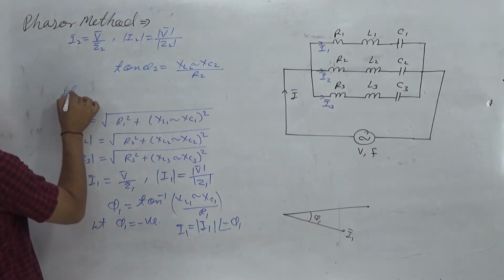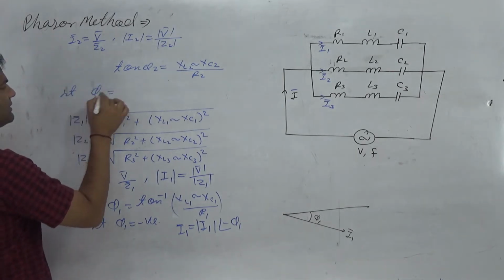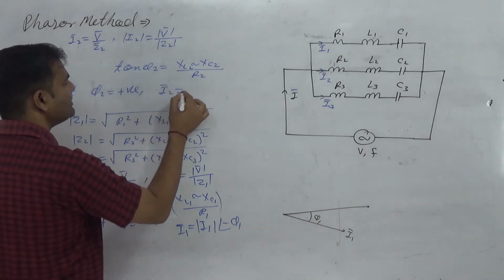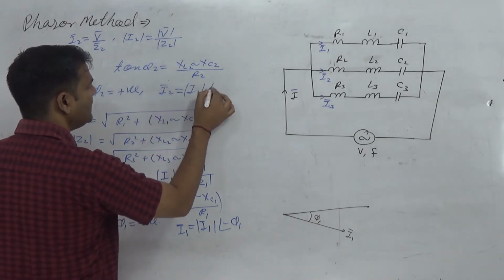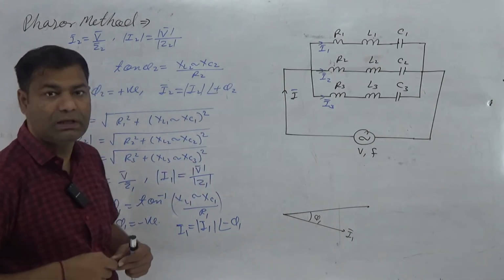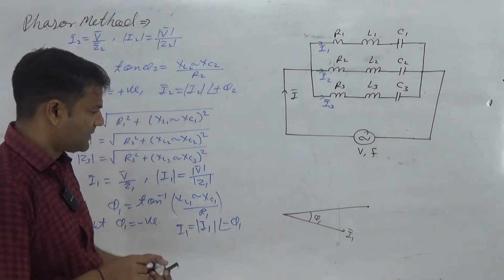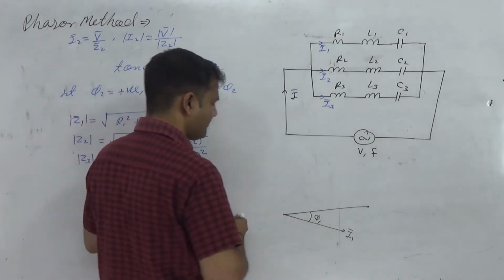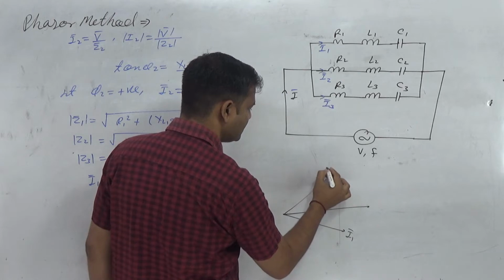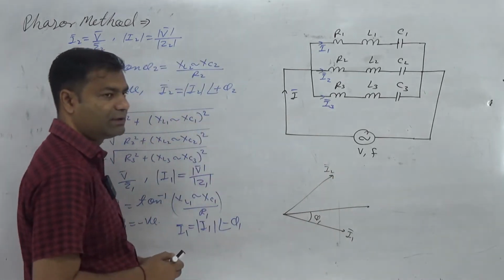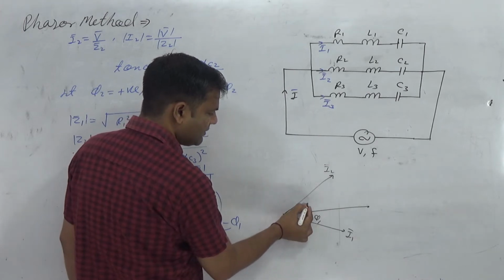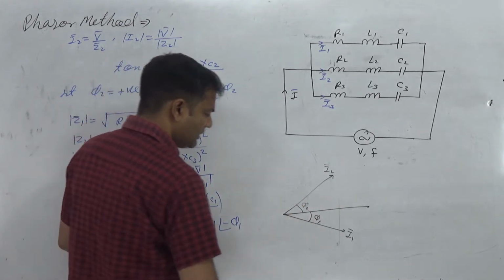Again, if phi2 is positive, then I2 is written as mod I2 at the angle plus phi2. If you want to make I2 in the phasor diagram, suppose this is I2. Clear? And the angle is phi2.